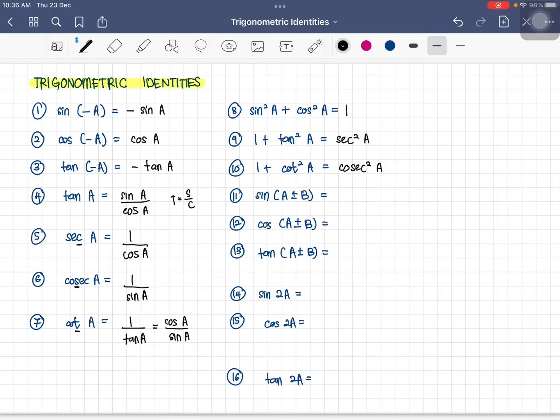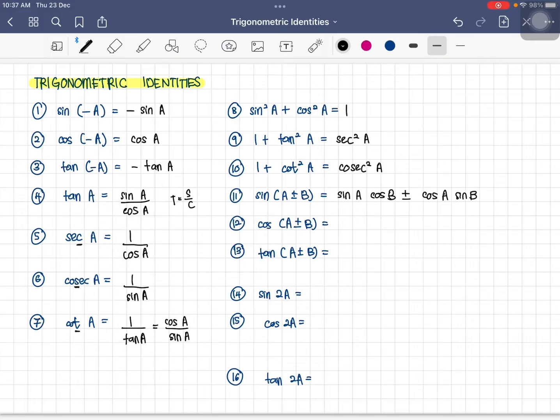And now we are going to look at the sum of two angles. We have sine of a plus minus b, which gives sine of a cos b. If it is plus minus, then it will maintain plus minus, so this one will give cos of a sine of b.